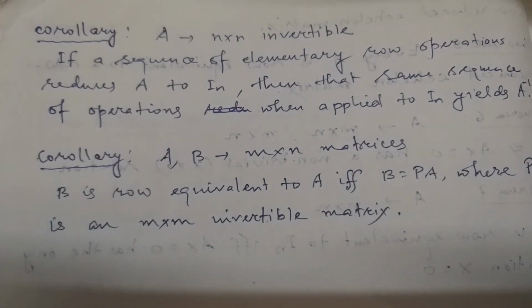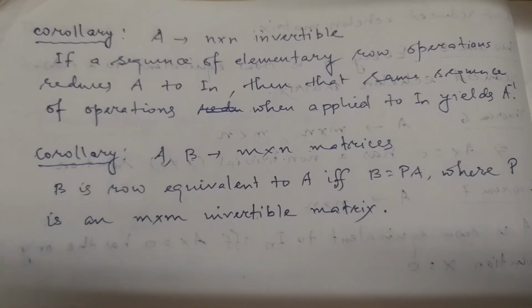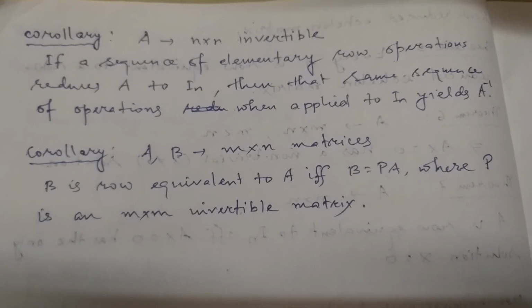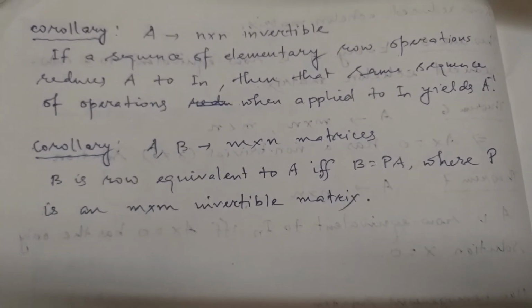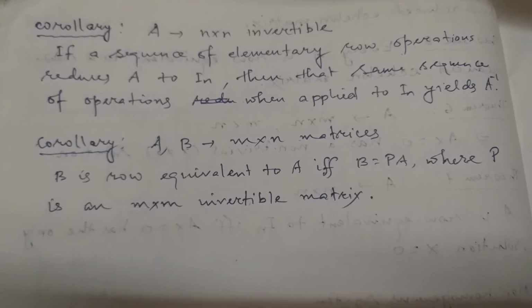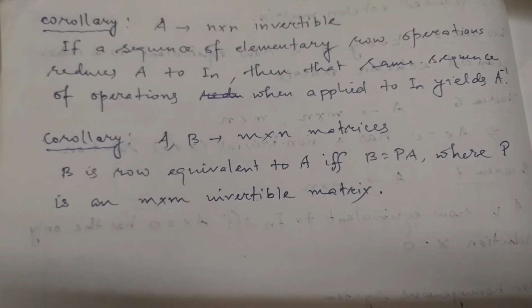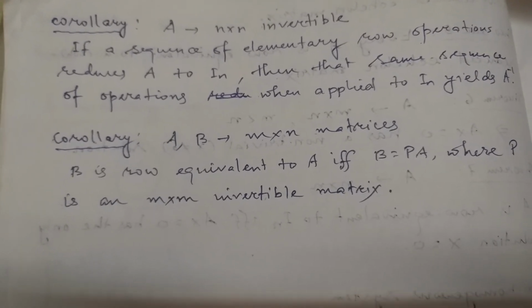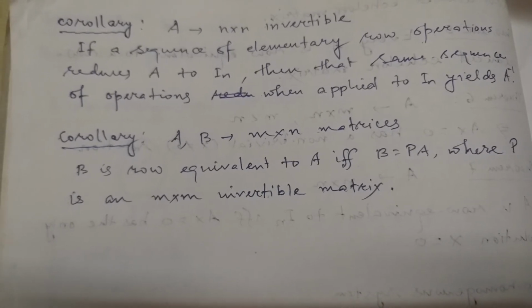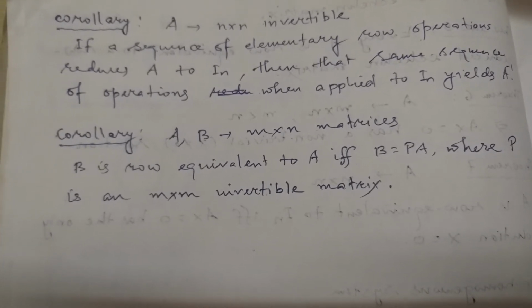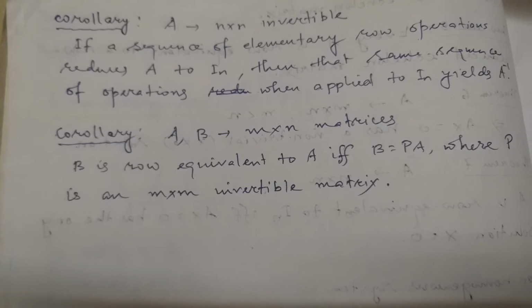What are these? Let A be an n cross n invertible matrix. If a sequence of elementary row operations reduces A to In, then that same sequence of operations when applied to In yields A inverse. What is this?